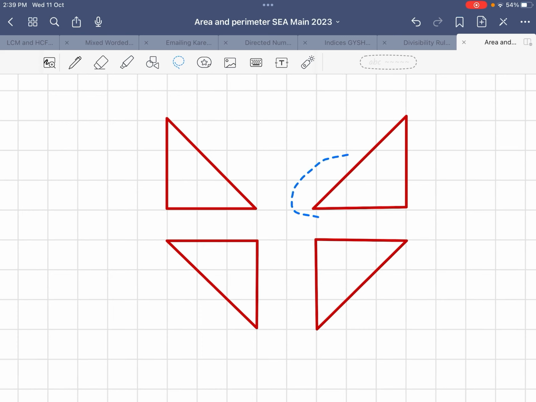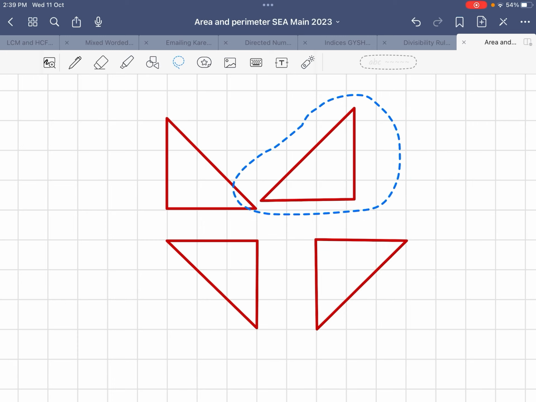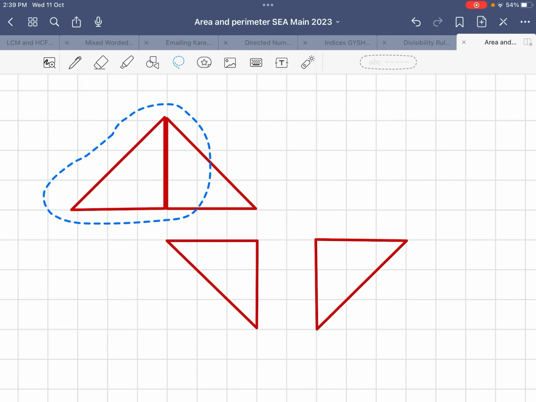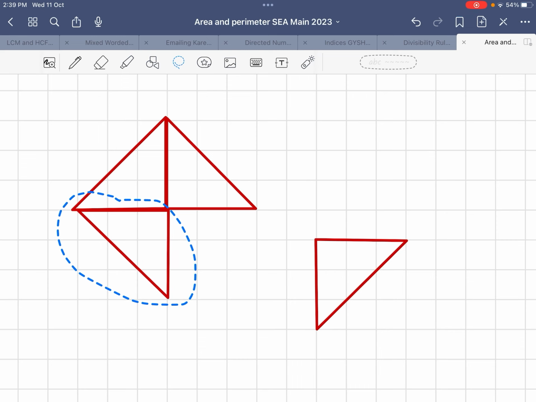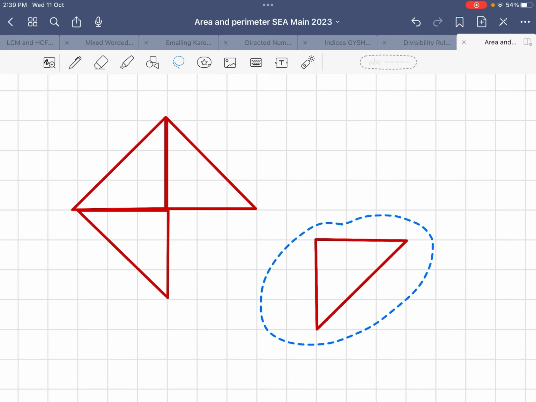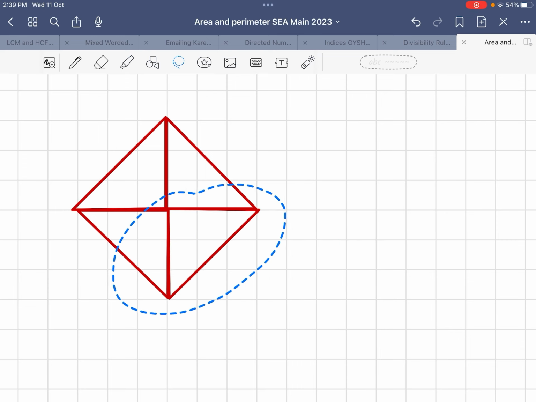So if I take this triangle and I put it on the left, here we have a square. So that is B.